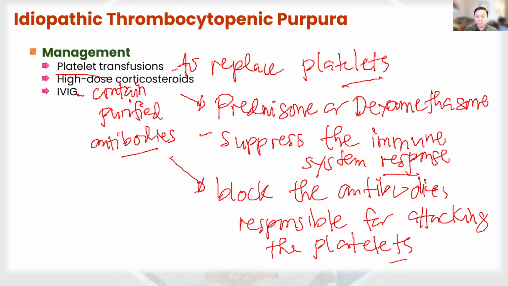Now, the IVIG therapy is going to be done if the high-dose corticosteroids are ineffective or not tolerated by the patient.